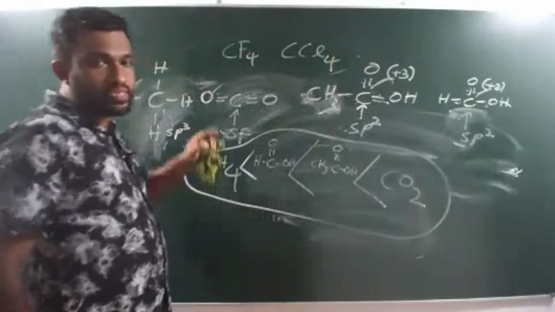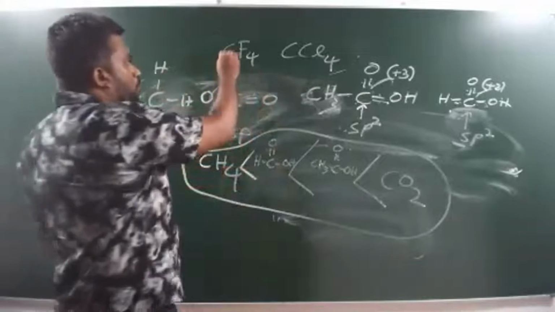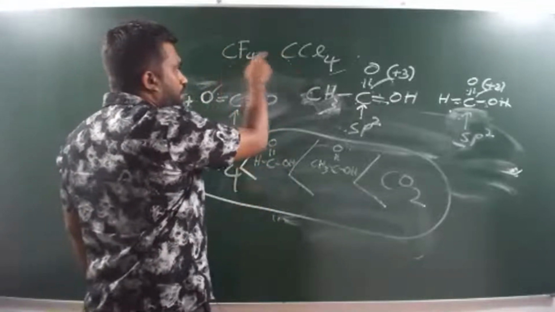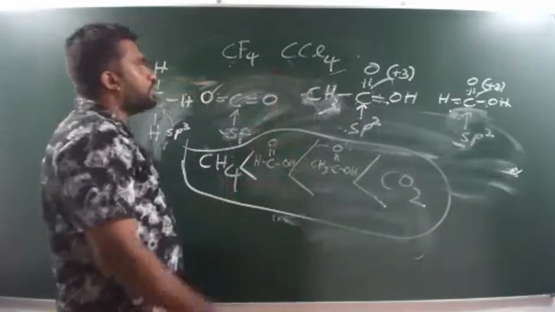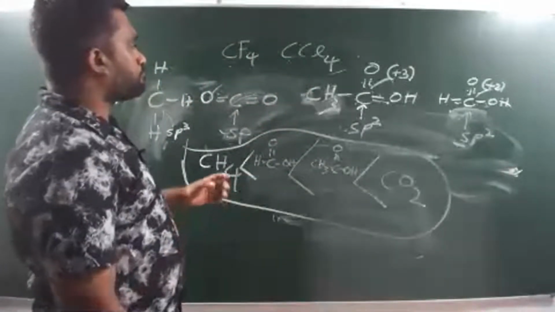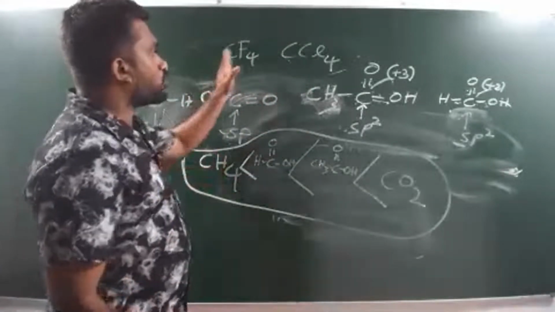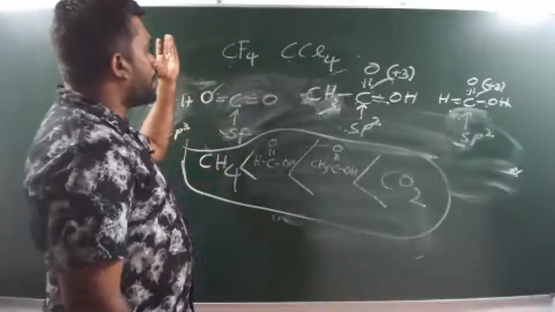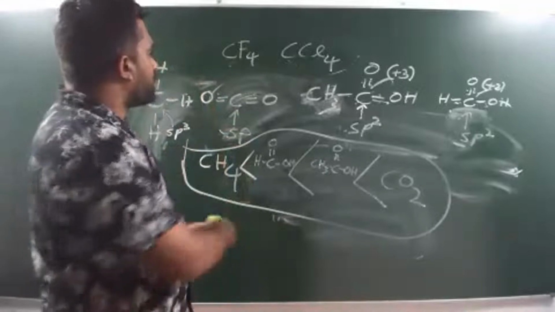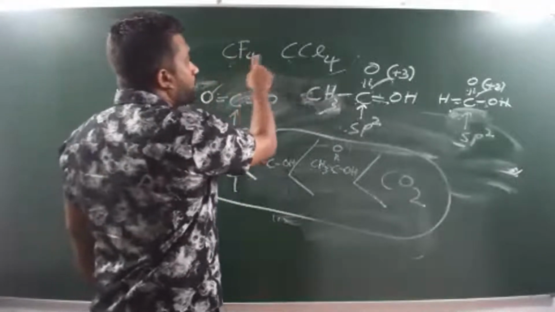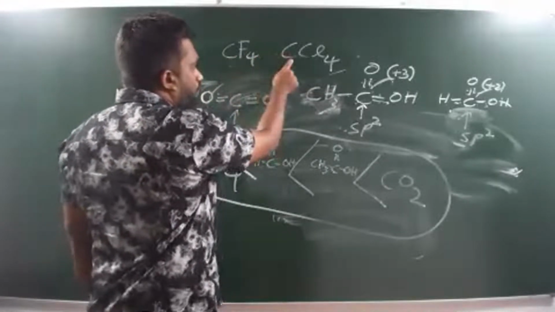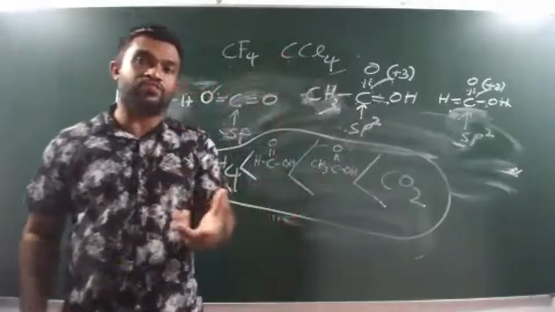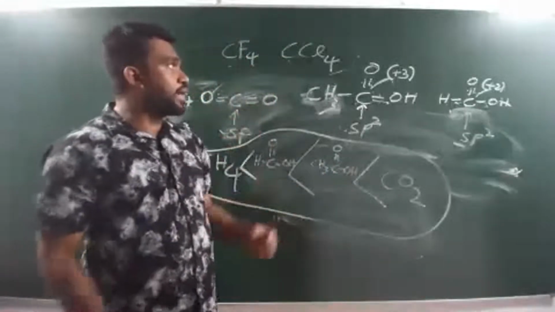When you compare CF4 and CCl4, both these carbons have the same hybridization, sp3, and there is no charge. Number 3 is oxidation number. Both these carbons have the same oxidation number, +4 and +4, so you cannot separate by oxidation number. The last factor is the nature of the neighboring atoms.